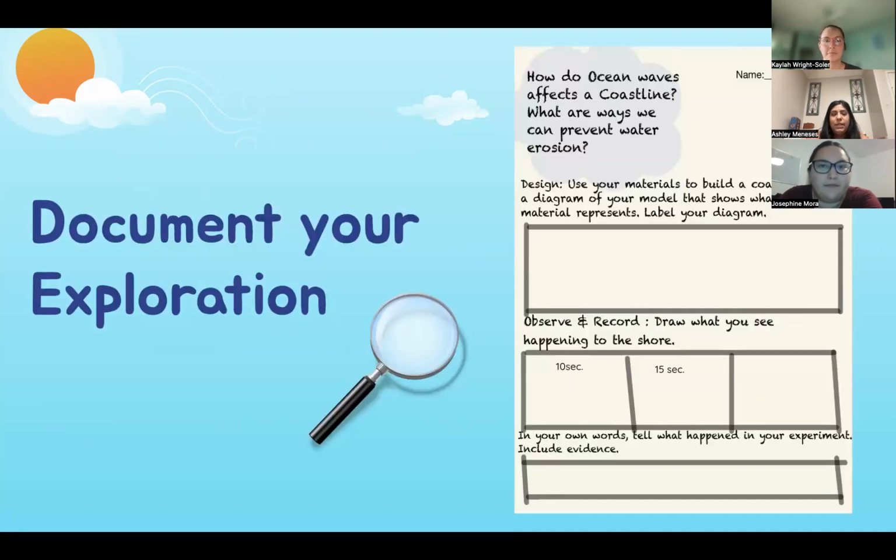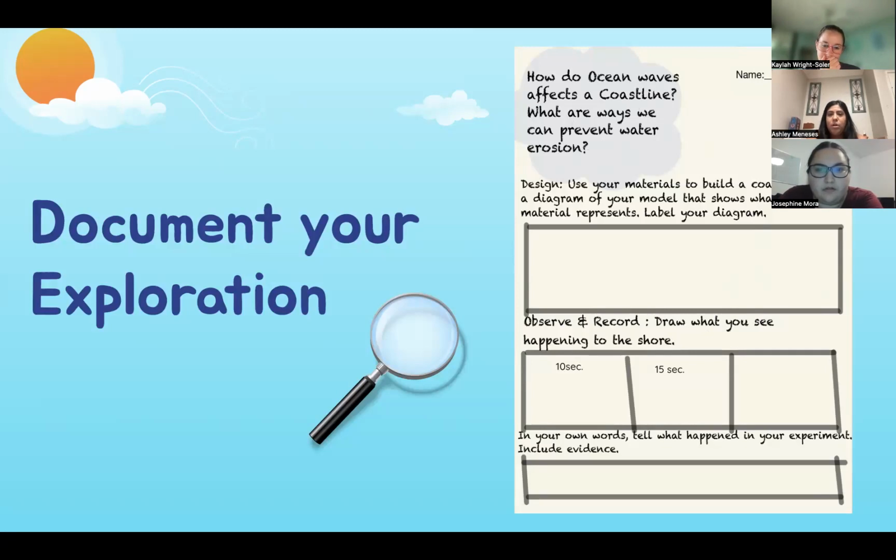Here is the document to log your information about your exploration. Students will be reviewing the question up top: how do ocean waves affect a coastline? What are ways we can prevent water erosion? In this first section, it says design using materials to build a coastline, draw a diagram of your model that shows what each material represents, and label the diagram.